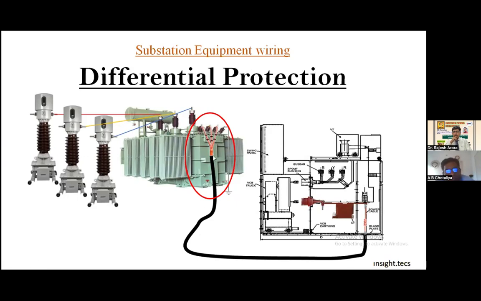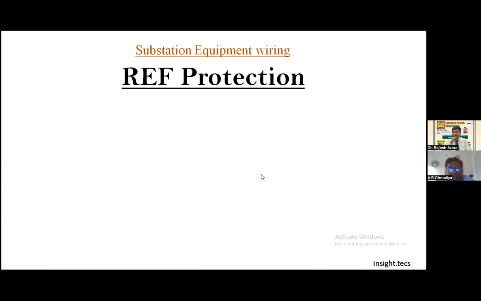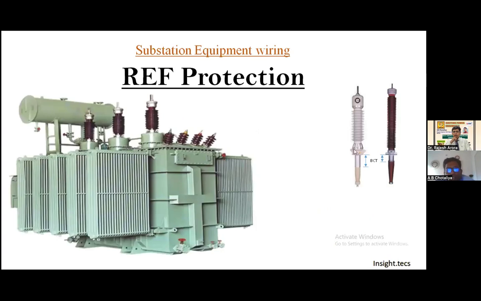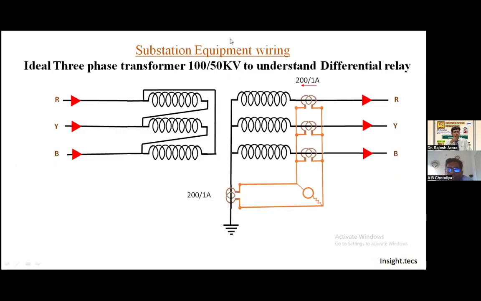But in REF protection, there is a bushing CT, the BCT, and a CT inside the transformer, and this will protect only the winding of the transformer, like this. Okay, so this is the REF protection.